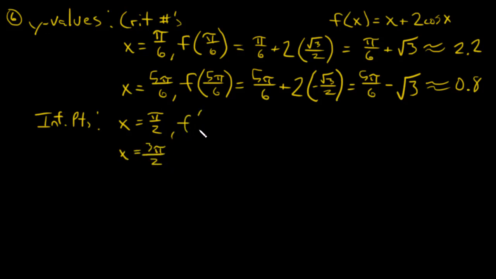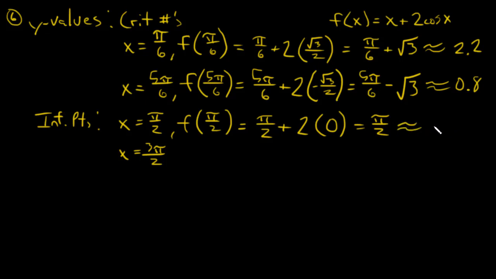So f of pi over 2 is going to equal pi over 2 plus 2 times, well, what is cosine of pi over 2? Well, that is 0. So this is just pi over 2, and pi over 2 is approximately 1.57, something like that.